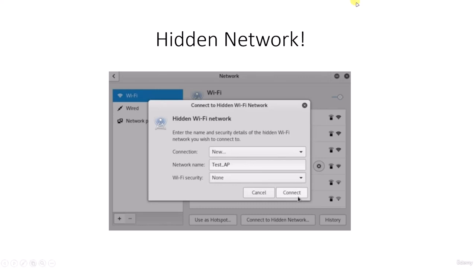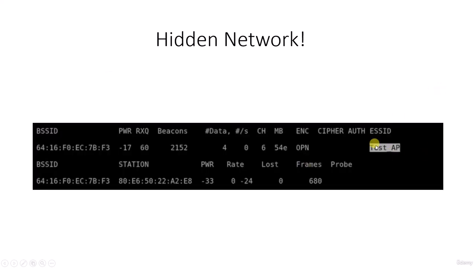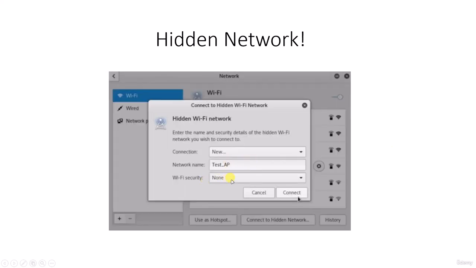In this connection we will set it as new, and in the network name we put test_ap, because our hidden network name is test_ap. You can select your Wi-Fi security like WEP or WPA2 and specify it here, but as our hidden network's security is none, we will just select none.